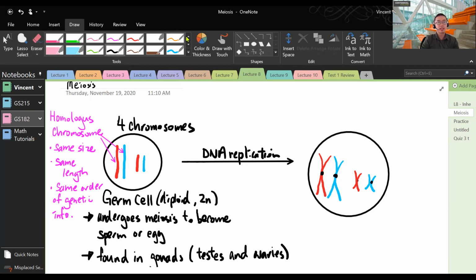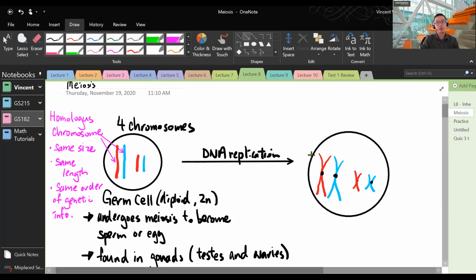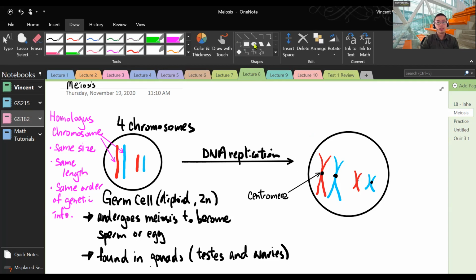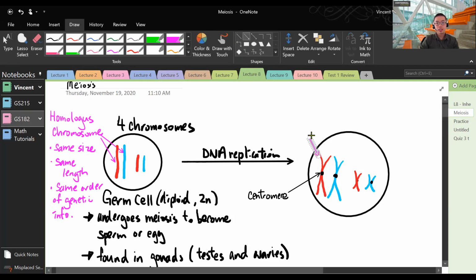That's what that black dot is, but let's label it for completion's sake: centromere. This one and this one are identical copies of each other. We call them sister chromatids.